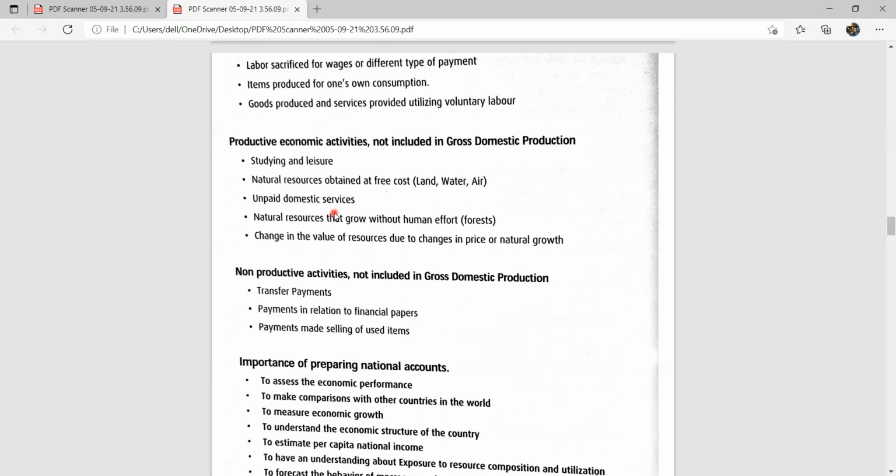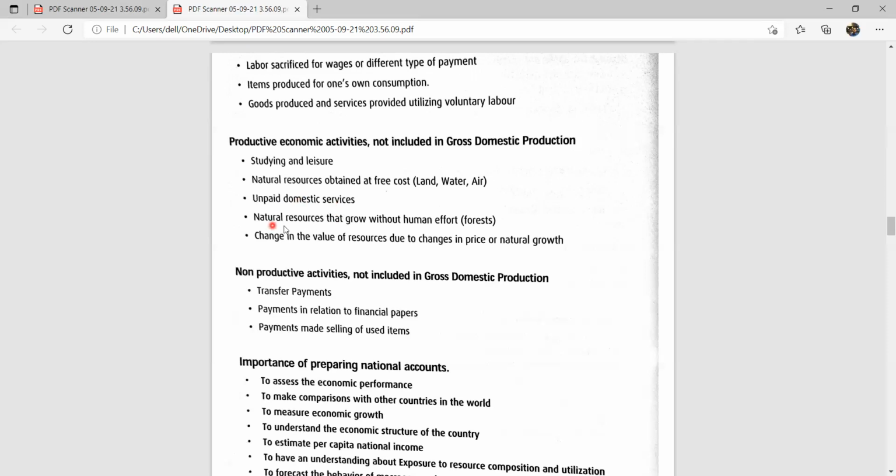It is a paid domestic service. It should be included, but unpaid domestic services should not. As well as anything we produce within the house for our consumption, even it should be included. All the production should be included, even though we make it for ourselves.